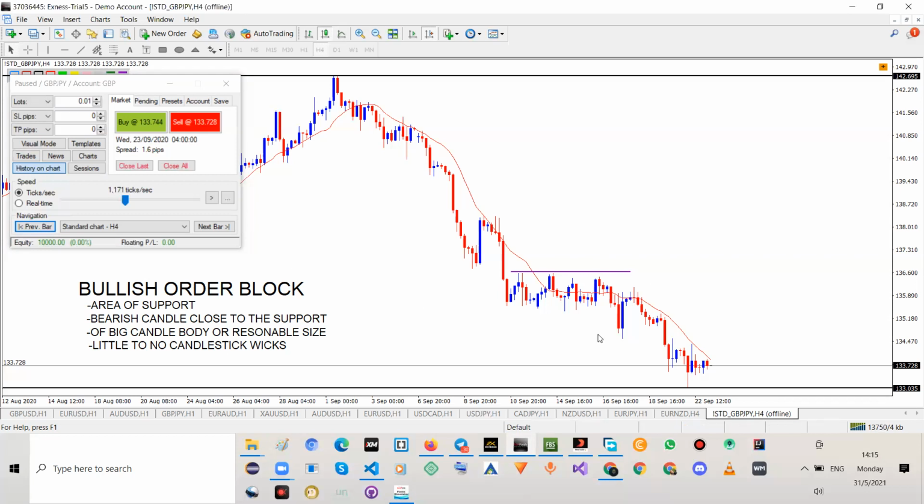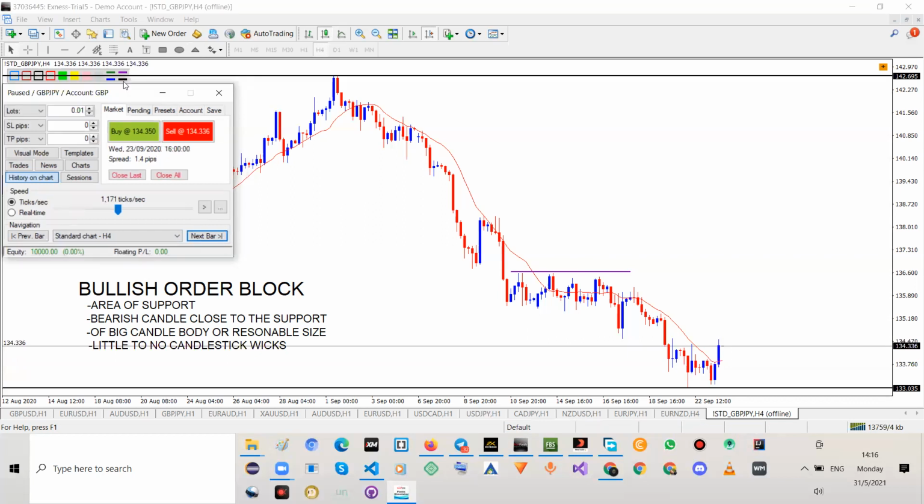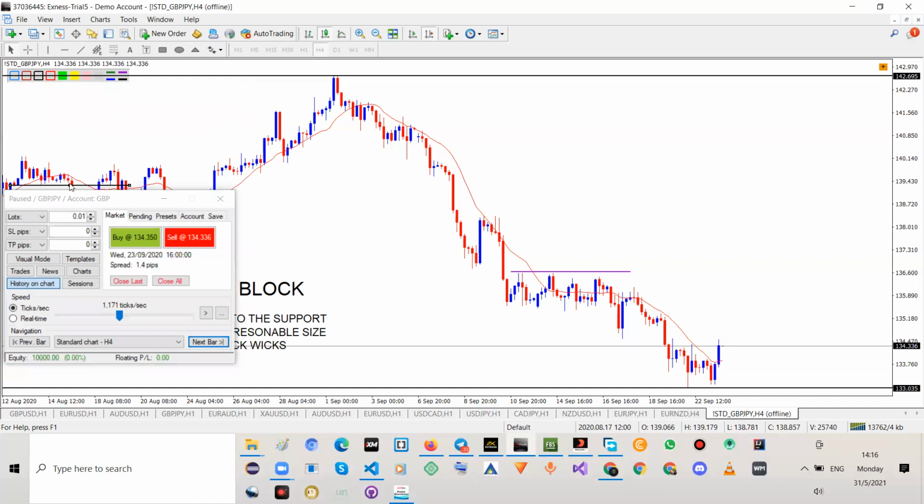So guys, let me show you how to do this. As you can see right here, there's no need to zoom. So as you can see right now, we have our area right there. We have our bearish, we have our resistance broken there.